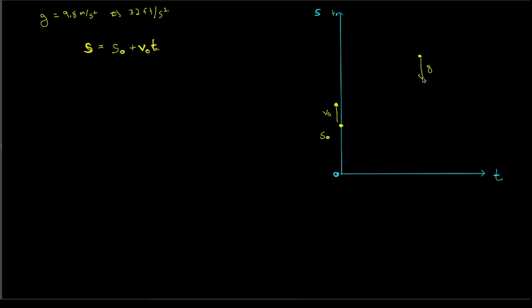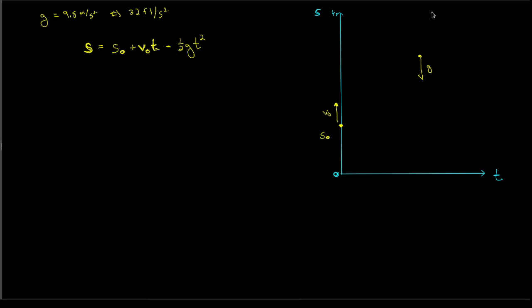Acceleration due to gravity is downwards. Then we're going to get minus 1/2 g t squared. This equation of motion will describe any object under the effects of a constant gravitational acceleration.